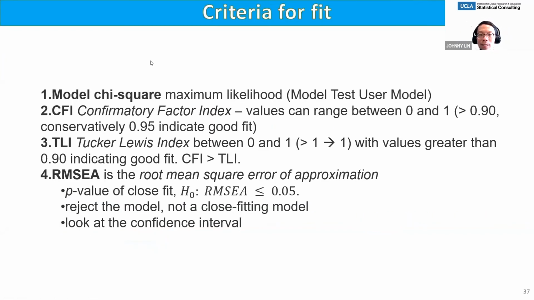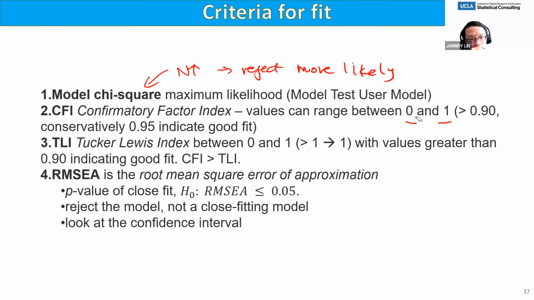Okay, so this is just a summary. The model chi-square, remember, is likely to be rejected given a large sample size. Reject more often, more likely. The CFI, remember, ranges between 0 and 1. How big, approaching 1? They say between 0.9 and 0.95 is good.